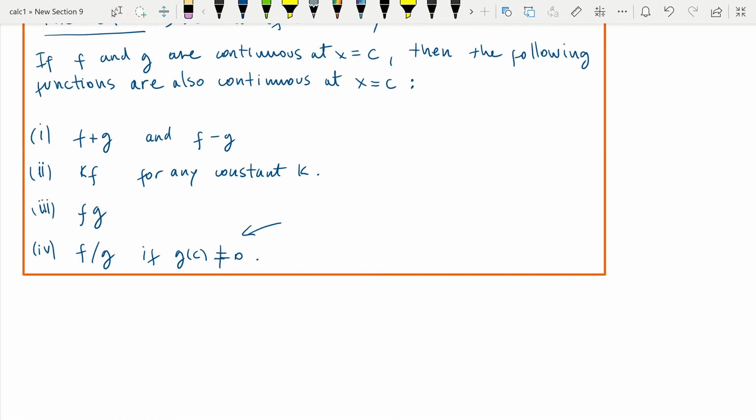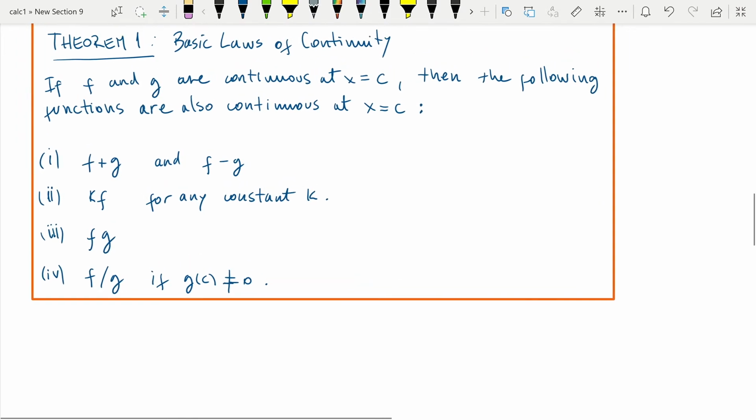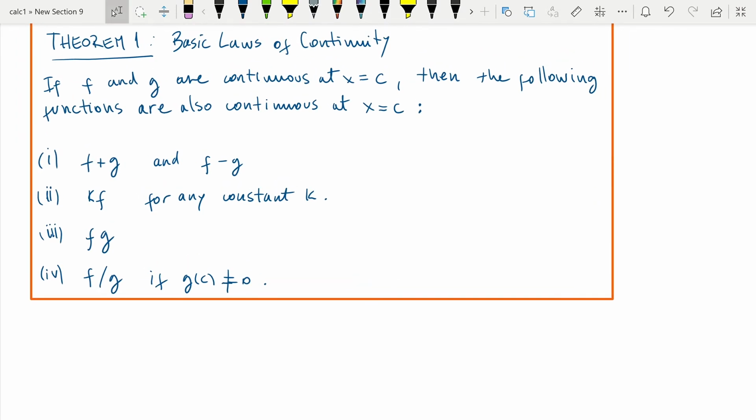This was also present when we were considering just the limit law corresponding to the quotient. We need to assume the denominator is defined at the point, so it does not take on the value 0. Okay, so if this is the case, then 1 through 4 are continuous functions.